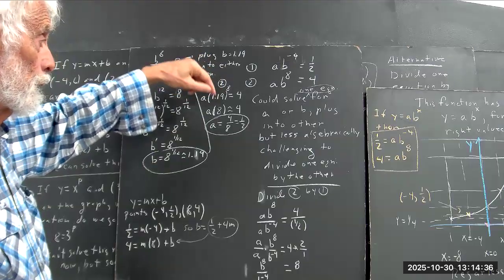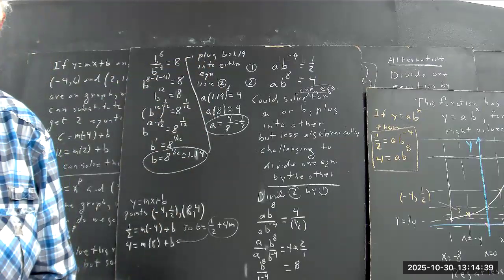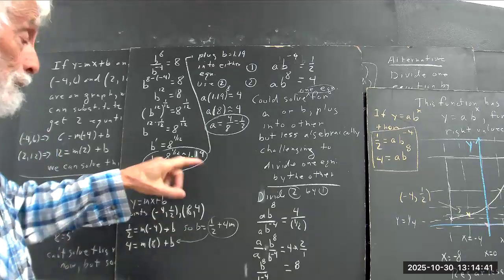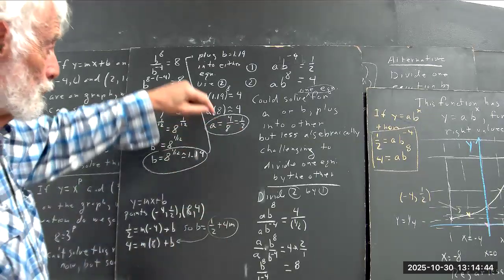1.19 to the 8th is, I think, pretty close to 8. It's exactly equal to 8 if I have the right estimate here, but we won't worry about that.